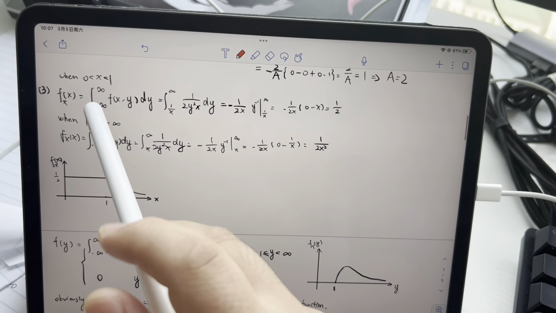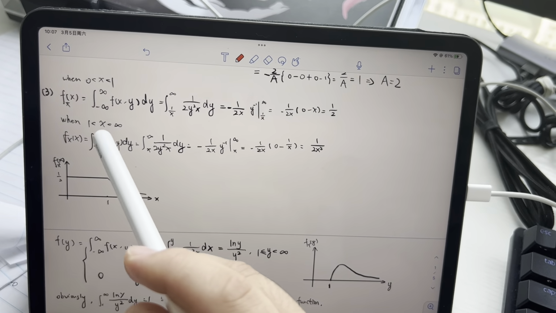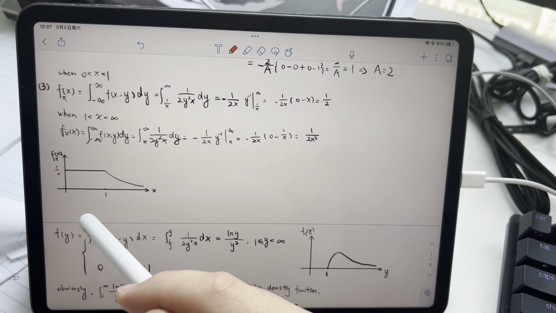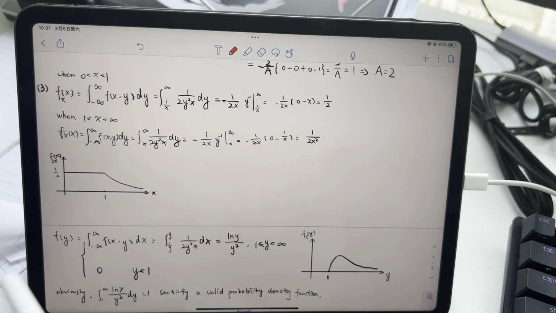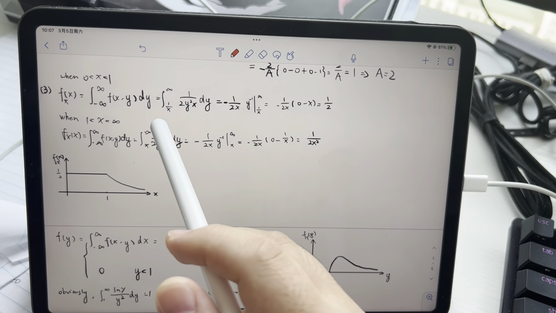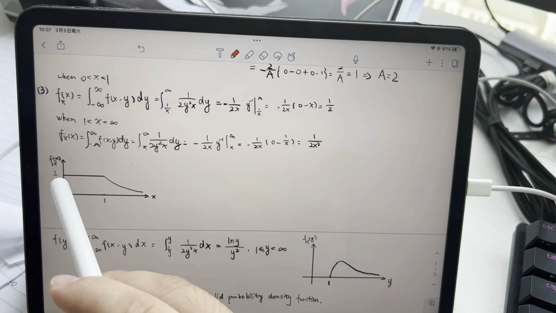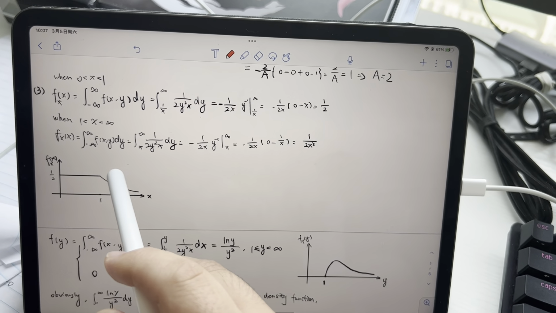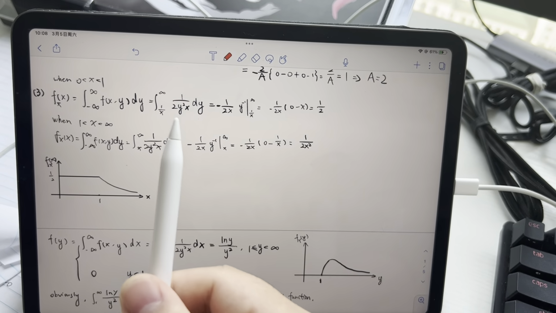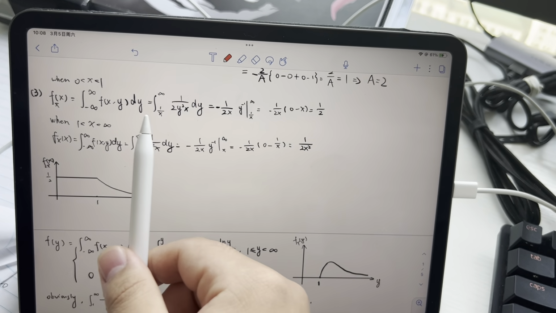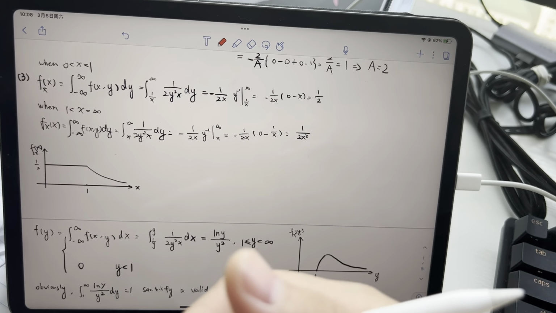So we just solve x first. We found the definition region. It's obvious that this picture is divided into two parts, and it has different functions.